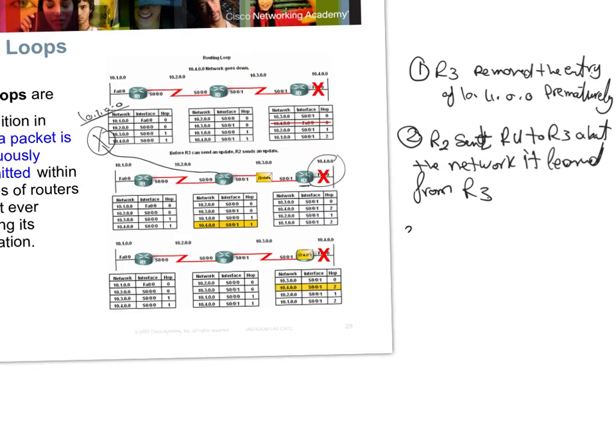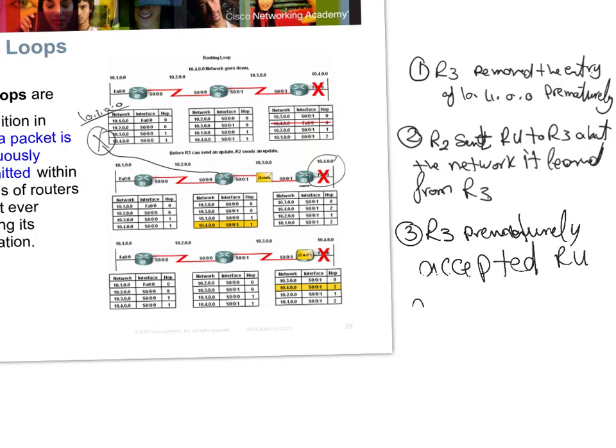The third reason, R3 also prematurely, or incorrectly, accepted the route update about 10.4.0.0. These are three reasons.